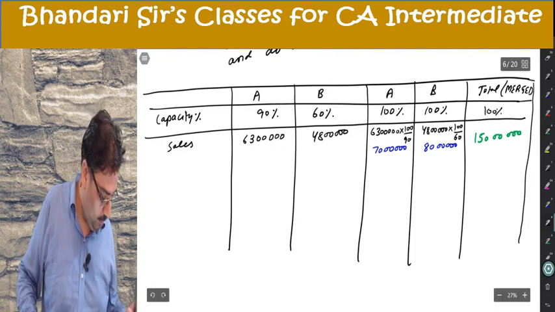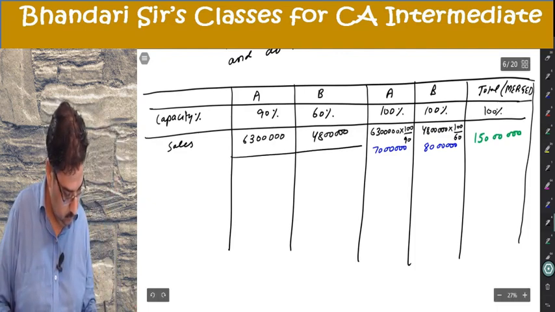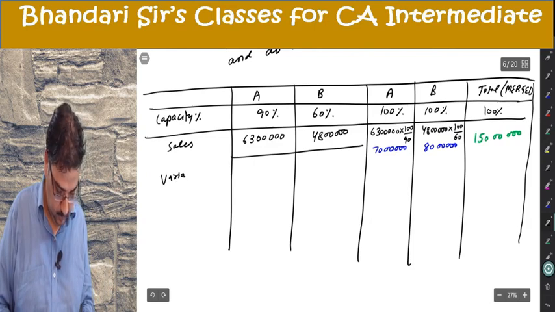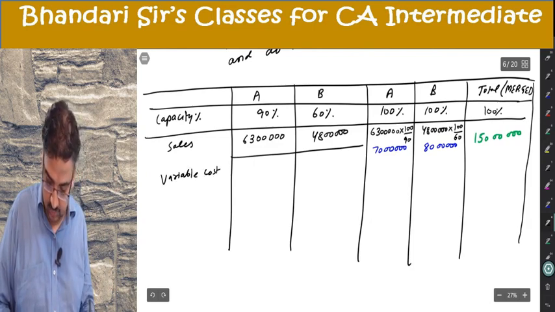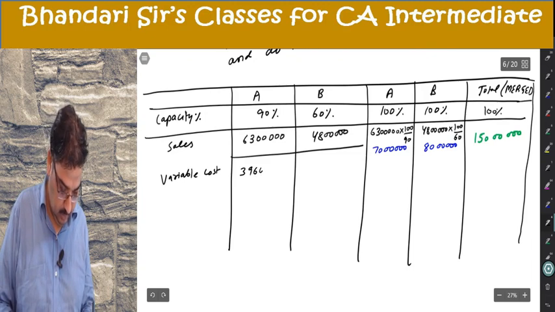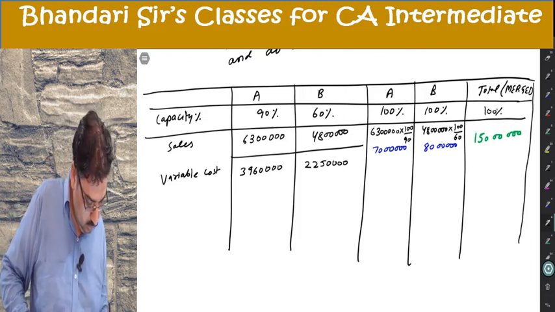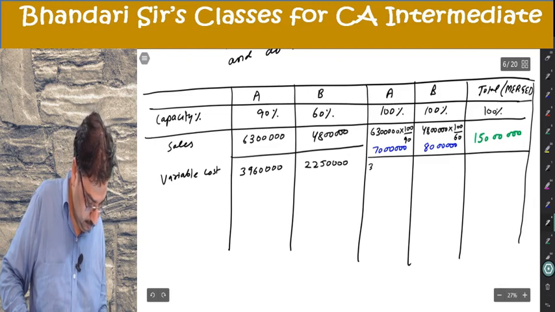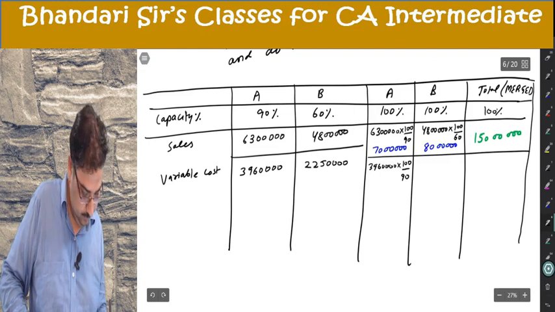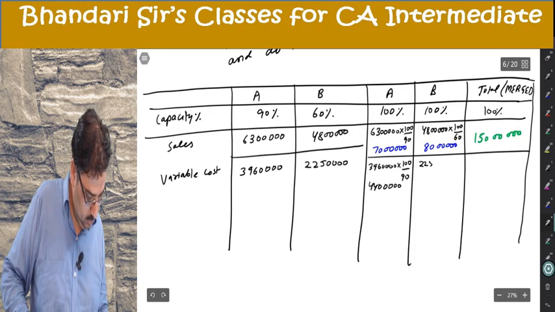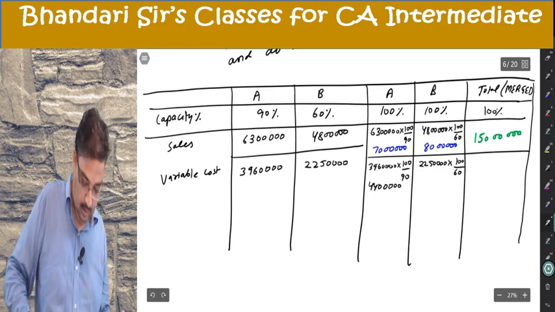Then I get variable cost. Variable cost 39 lakh 60,000, 22 lakh 50,000. Now what I am getting there? 3960 into 100 by 90. 44 lakh. 22 lakh 50,000, 100 by 60.